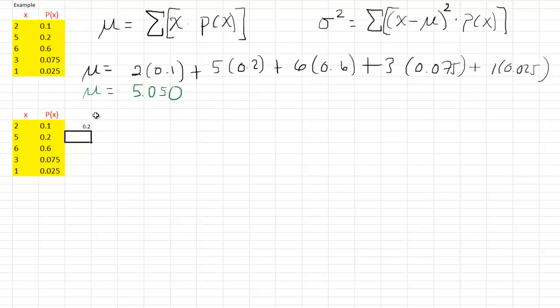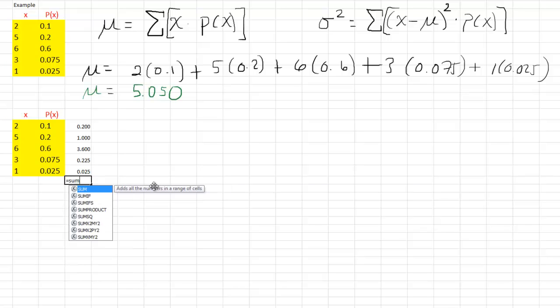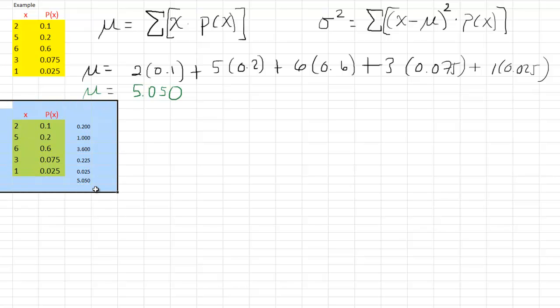That's 0.2. So I'm just going to set a few extra decimal places, and then I'm going to drag down. The sum of these equals sum, bracket, and highlight these values. The answer is 5.05, as you can see.